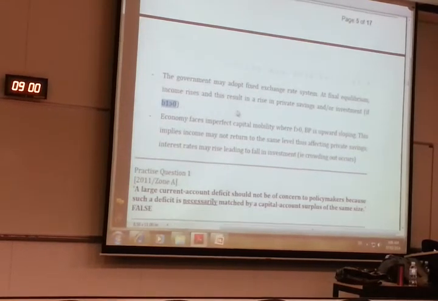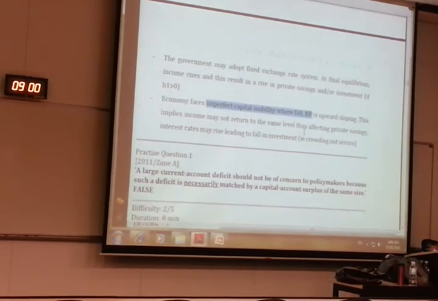Then the second assumption is now highlighting that BP can be upward sloping. But you don't need to draw. Remember, it's only 5 marks. So you just know if it is upward sloping, interest rate need not return to the same level. Alright? So in this case, interest rate need not go back, income need not go back.